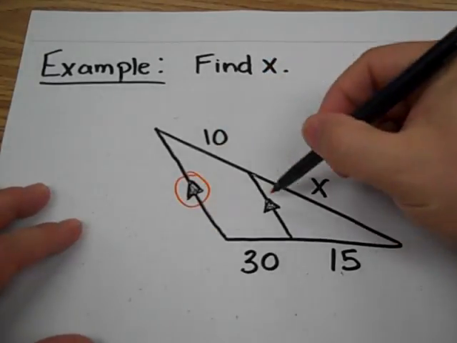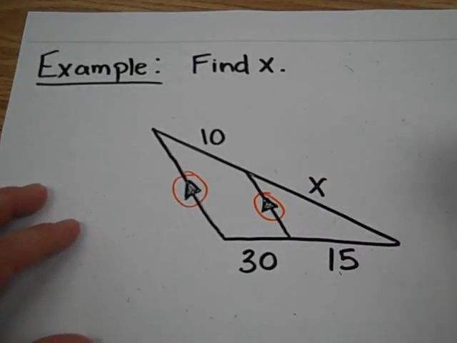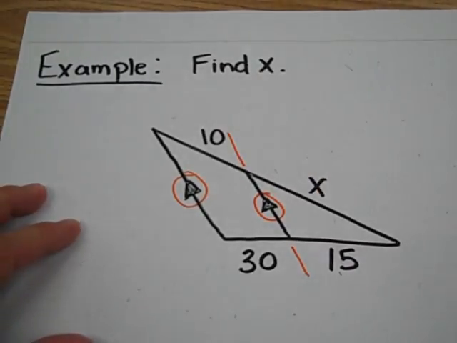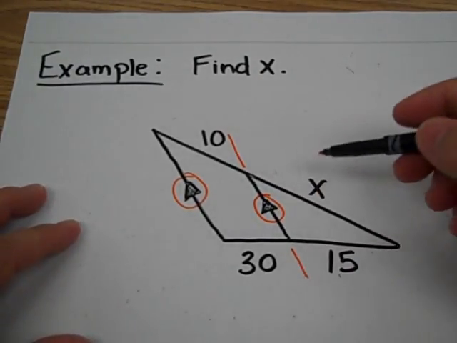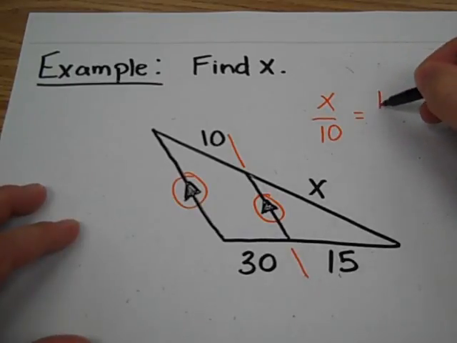So again, we have a parallel segment in the middle of the triangle parallel to one of the sides. If I extend that segment, I've made sideways fractions, so I can say x over 10 is equal to 15 over 30.